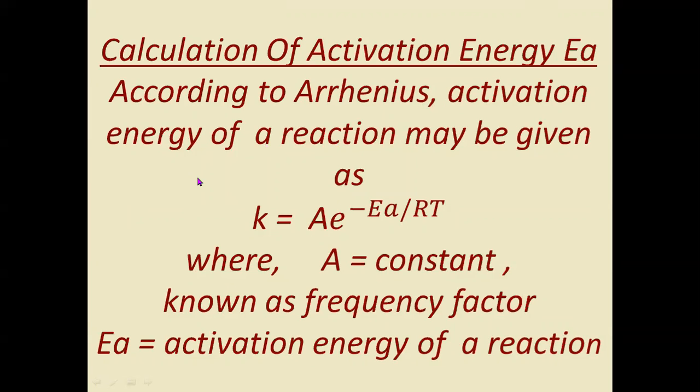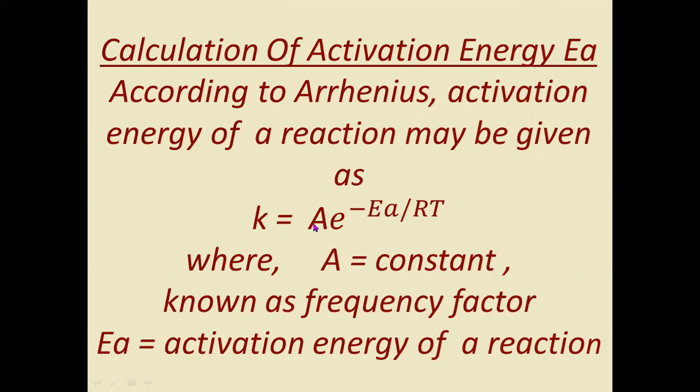Arrhenius equation. Calculation of activation energy EA. According to Arrhenius, this is the equation which gives you the activation energy. K, which is rate constant, is equal to A e to the power minus EA by RT, where A is a constant known as frequency factor.